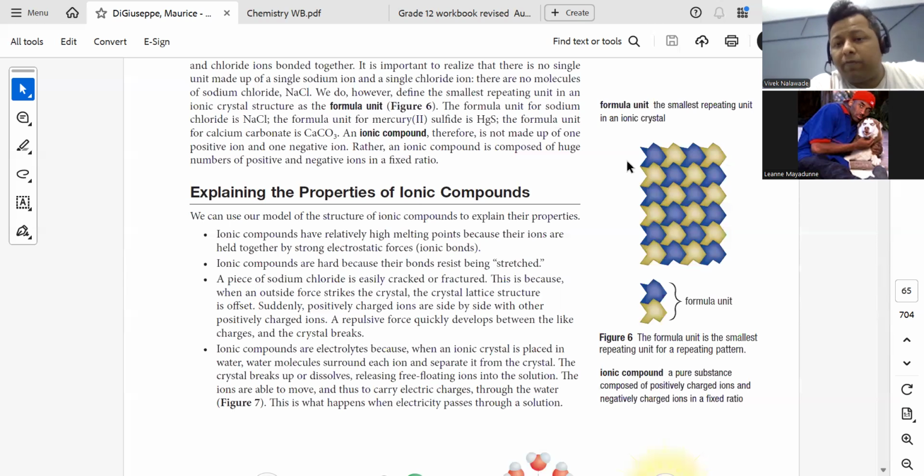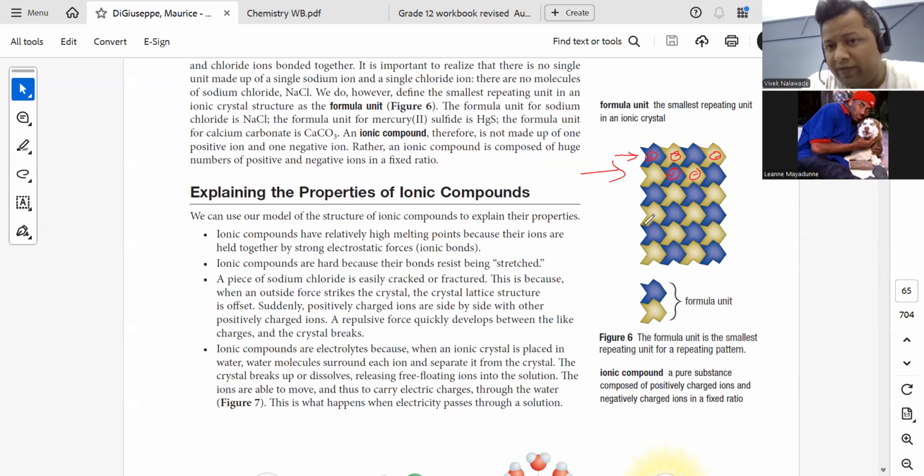When a force is applied, the positive and positive will come closer to each other, and the negative and negative will come closer to each other. What happens to like charges? They repel, and that makes an ionic compound brittle.